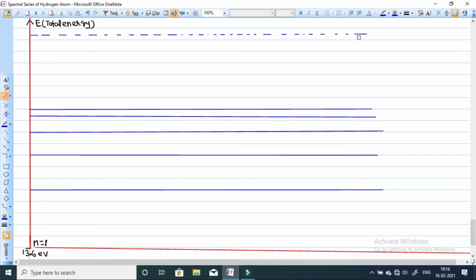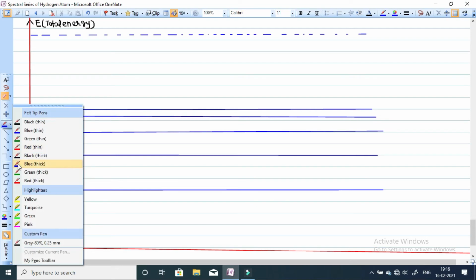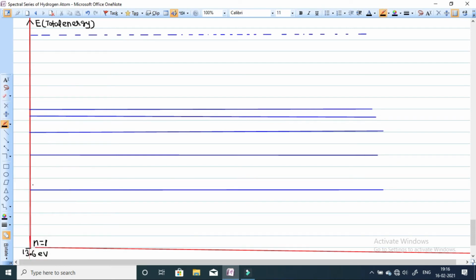Okay, now we will see one by one. N is equal to 1. Then we have the next term, n is equal to 2. When n is equal to 2, the energy is minus 3.4 electron volt. And n is equal to 3, it is minus 1.51 electron volt.